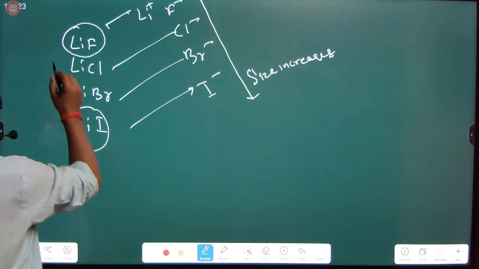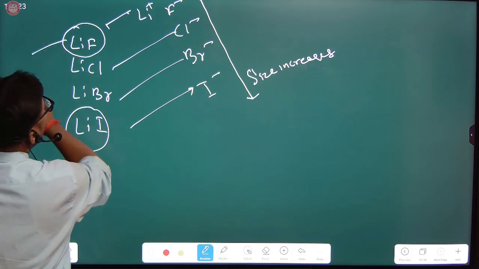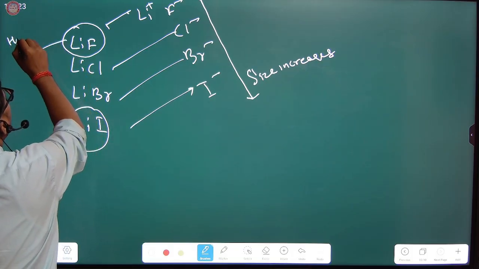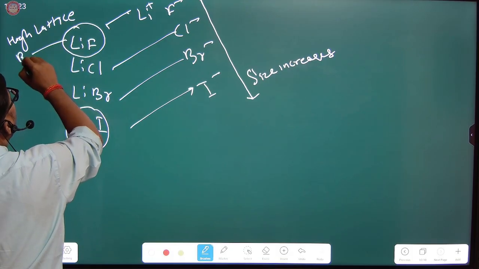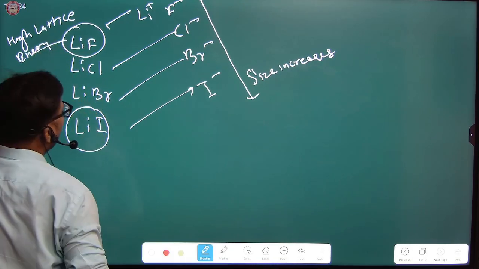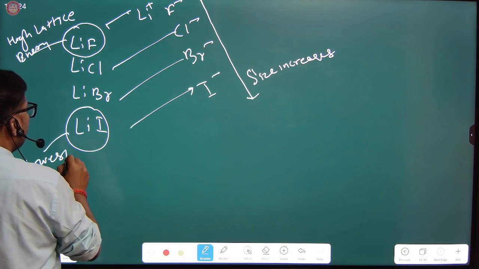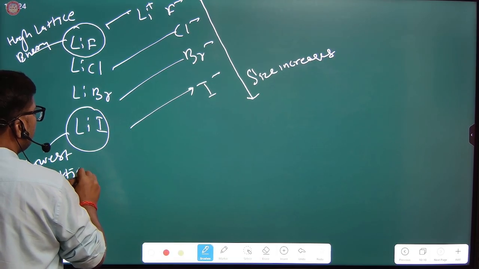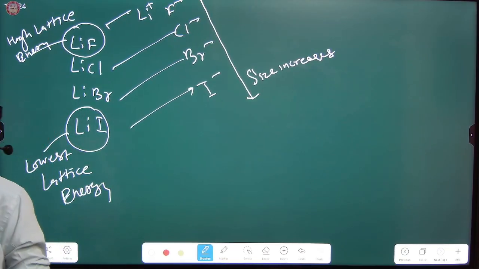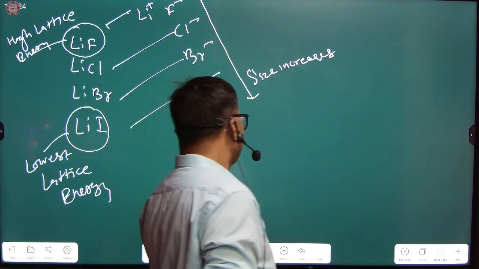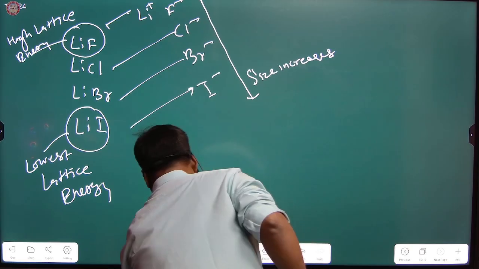So the highest lattice energy in this group is possessed by lithium fluoride, and the lowest lattice energy by lithium iodide, right?